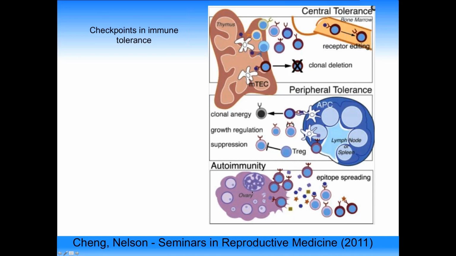But now, for some reason, in some situations, either self-tolerance fails, or some other environmental factor stimulates the immune system in a way that it can cross-react with self, and you end up with an autoimmune attack against the self.